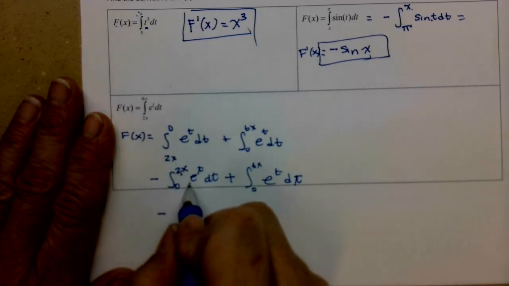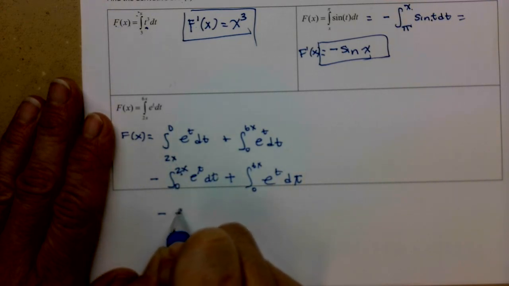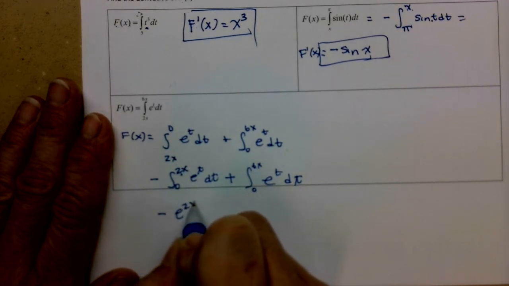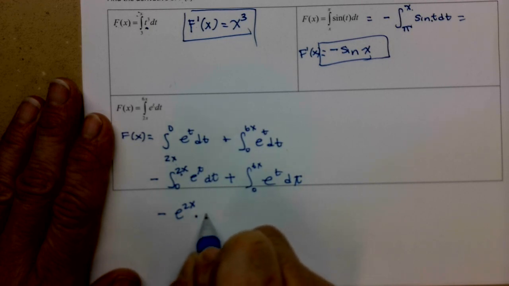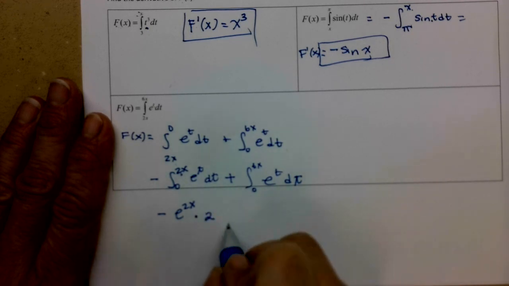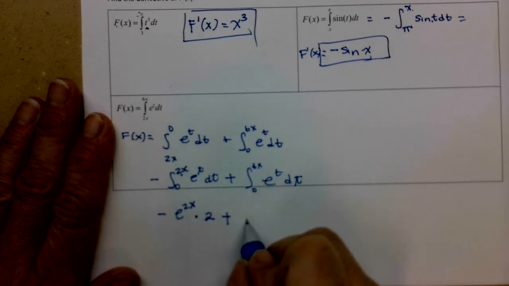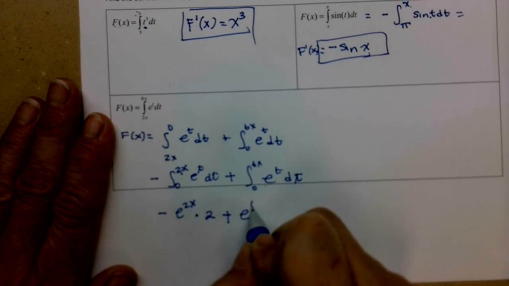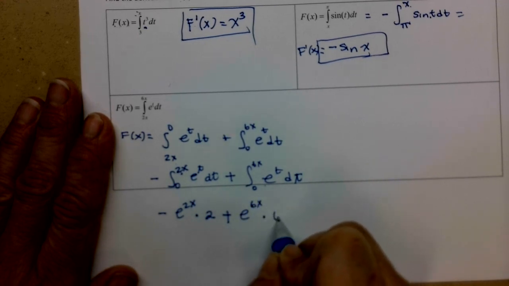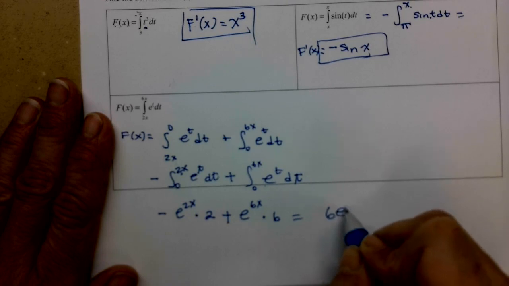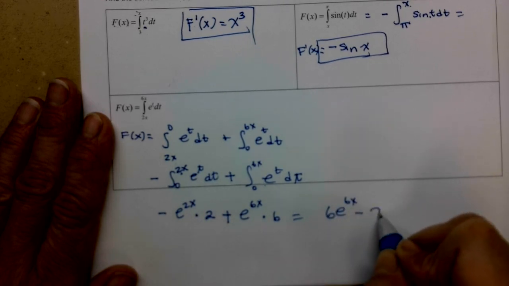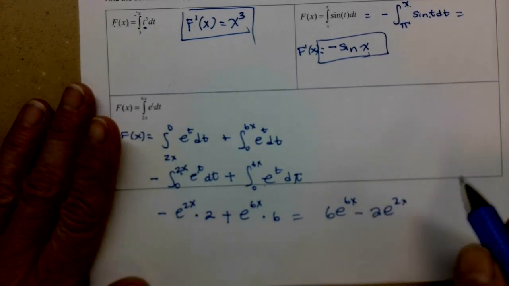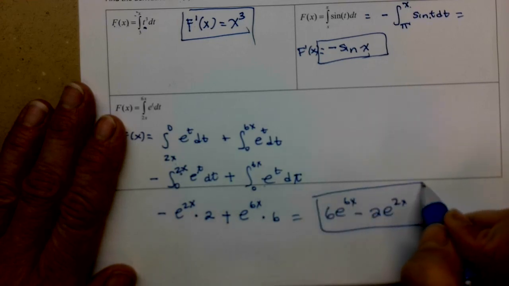So think about your chain rule. I'm going to get negative e to the 2x times 2 plus e to the 6x times 6, or 6 e to the 6x minus 2 e to the 2x. Those, I can't tidy up any more than that.